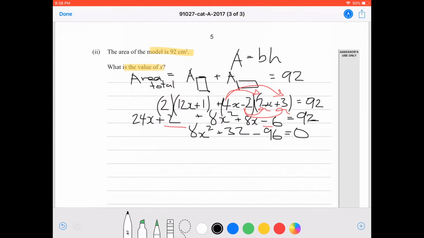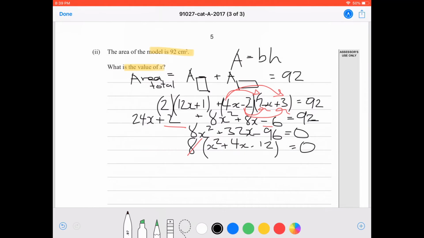Okay. Always look for a common factor. Straight away we can take out 8 as a common factor. 96 over 8 is 12. And that's making this quadratic a hell of a lot easier. Divide by 8 on both sides, as 8 just cancels.